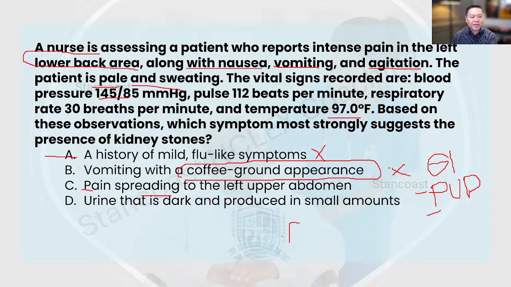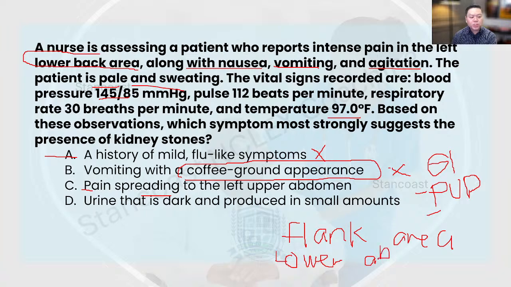Let me write that down slowly. I'm just using my mouse. Flank area. Then it will radiate to the lower abdomen. And eventually the radiation of the pain will reach the groin.